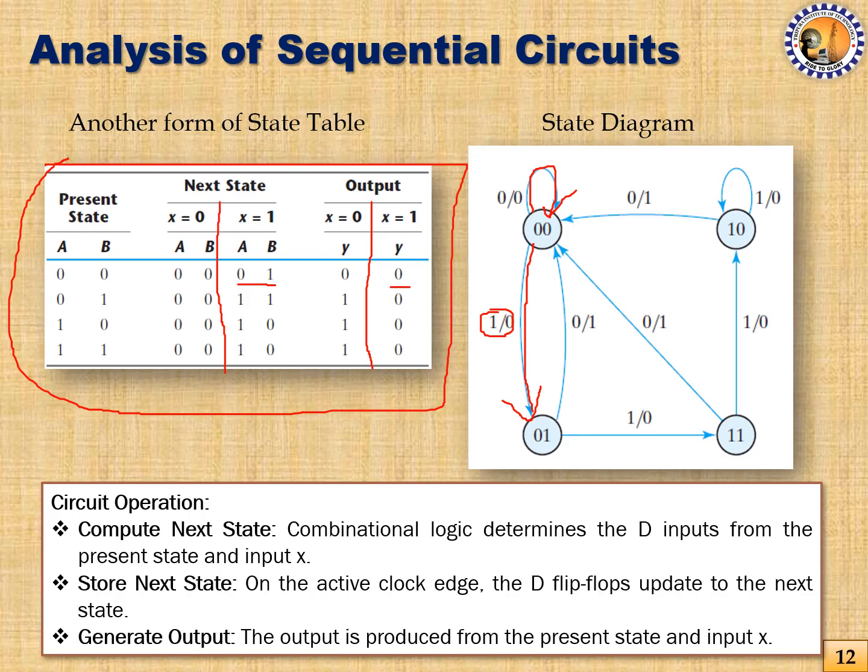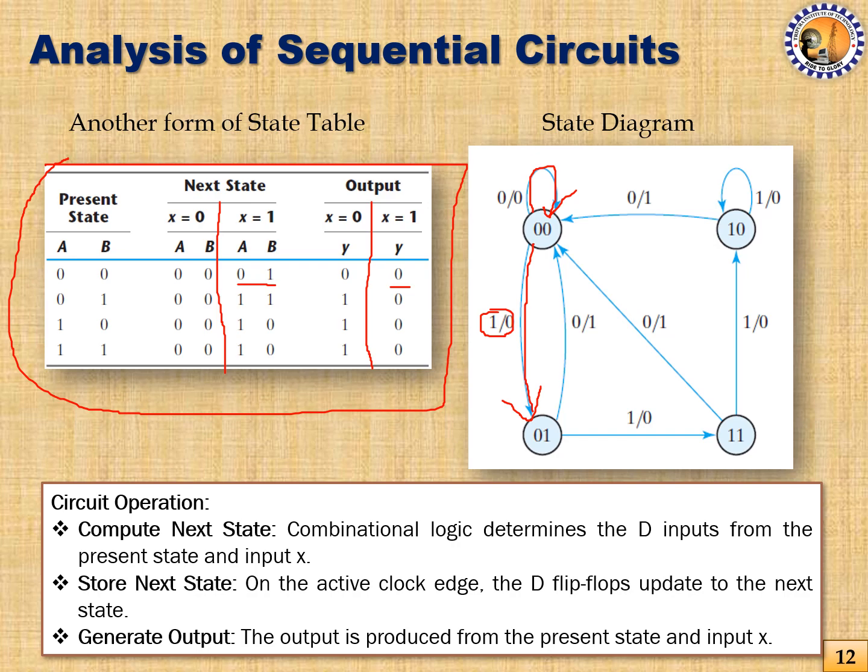And if we talk about the final analysis of the circuit operation, we have to compute the next state. The combinational logic circuit determines the D input from the present state and input X. Then we store the next state on the active edge of the clock.